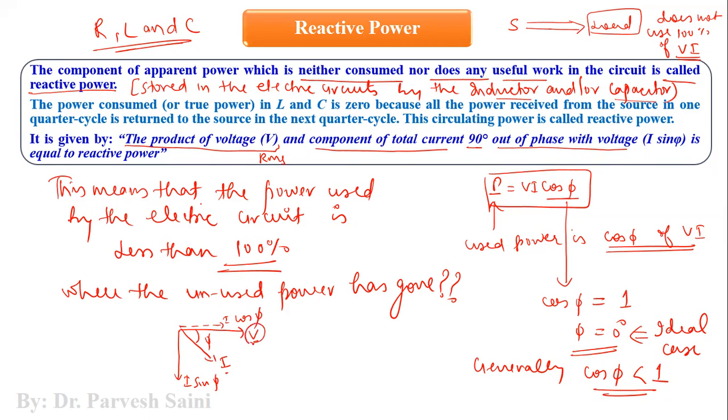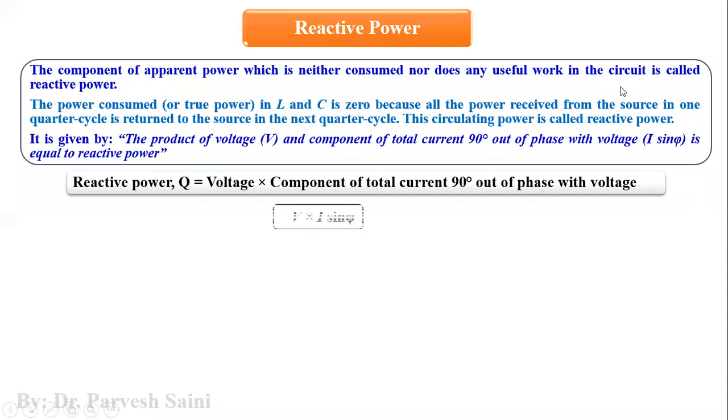The product of V and the I sin phi component is the reactive power, which is denoted by the letter Q. So reactive power is given by VI sin phi.